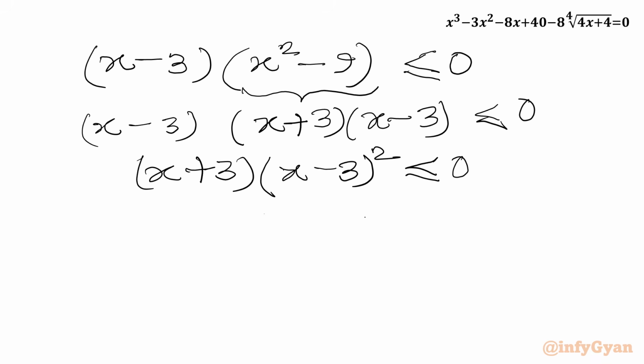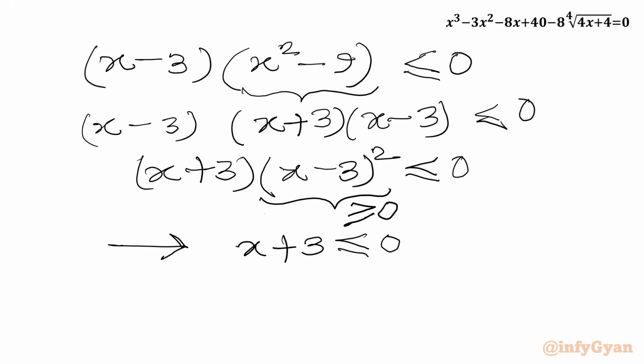Now we know that for x belonging to real numbers, x minus 3 whole square must be non-negative, greater than or equal to 0. So from here I can say x plus 3 should be less than or equal to 0.